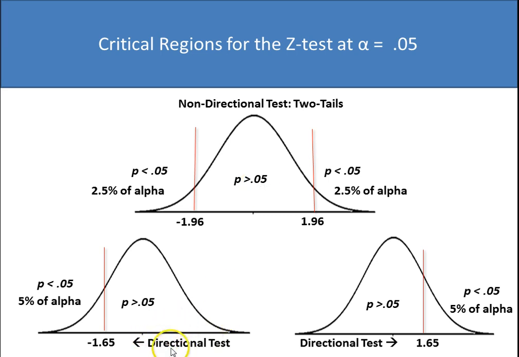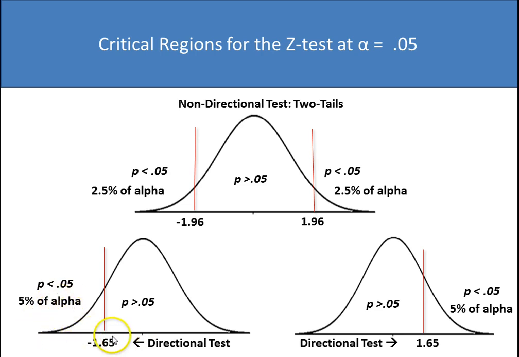If we had a directional hypothesis, for example, touch will decrease weight, then we would put our alpha level, our critical region, all on the left-hand side of the distribution, because if we had a directional hypothesis, again, that touch would decrease weight, then we would expect to see the effect to this side of the mean, and we would look for the effect here and only here.